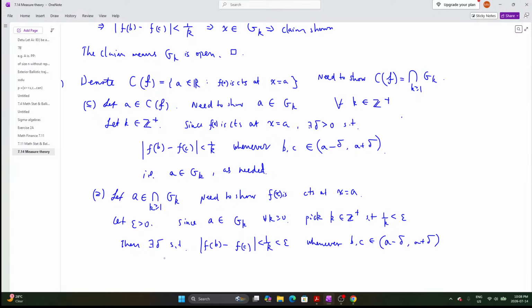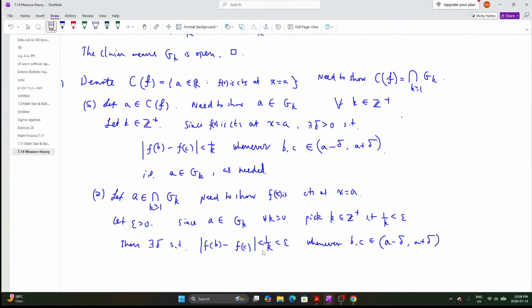So this proves continuity. You need for every arbitrary epsilon there exists delta such that whenever x, actually you need b. Hang on a second. Actually, let's write one more sentence.